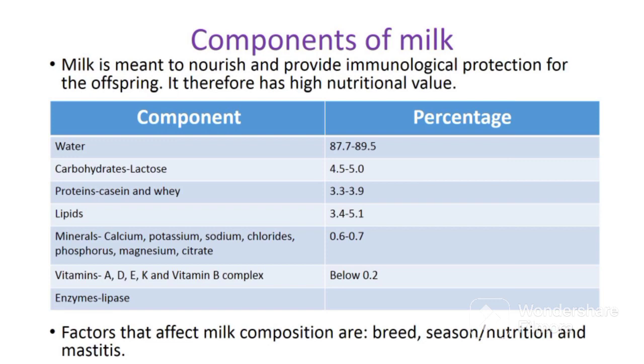Factors that affect milk composition are: number 1, we have breed. For example, Jersey have high fat content of around 5.0 compared to brown Swiss whose fat content is around 3.9. Number 2, season/nutrition.